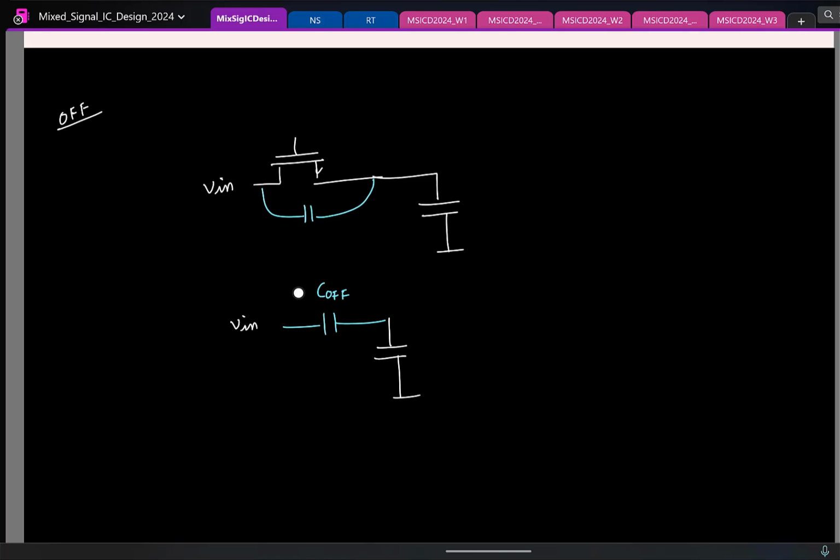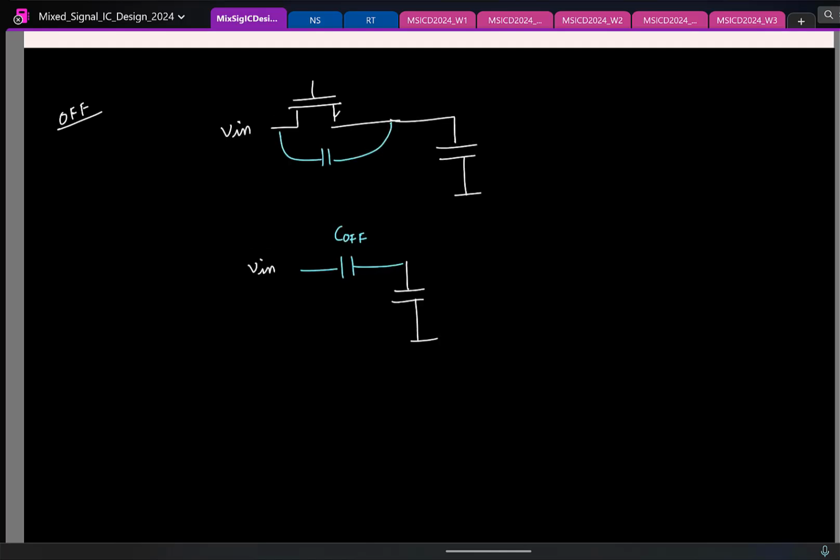Again, maybe I can ask you. Let us say when the transistor is off, there is an off capacitance. So what will happen because of that? Ideally, if this is off, what can you say about the voltage across the capacitor? It remains constant. Now I also provide a path for the current input.